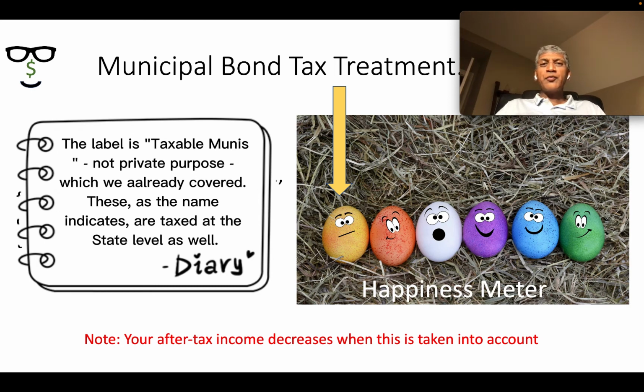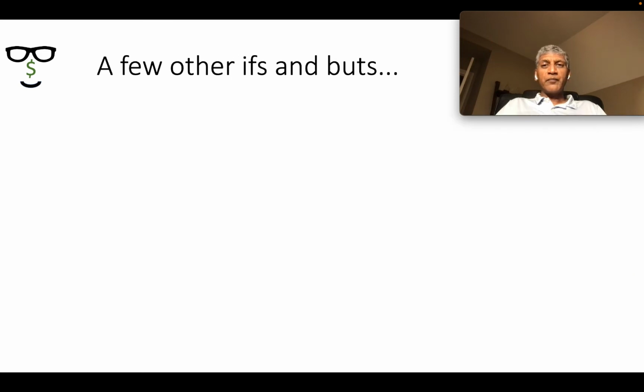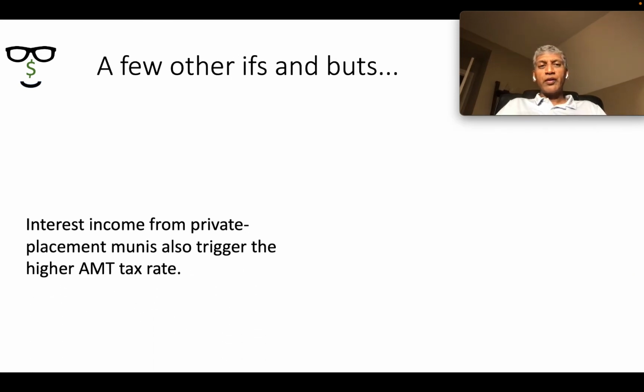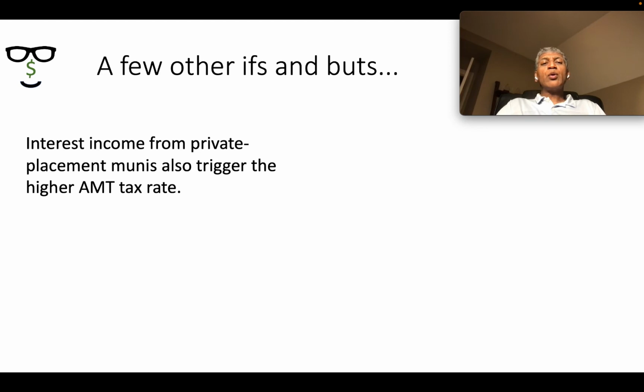There are all these ifs and buts and becauses, and if you thought there were only 6 Easter eggs that were going to tell you the good news and the bad news, there is one more thing I wanted to tell you. And it's actually a few more things. Depending on your income, there is a concept called the alternate minimum tax, which will actually increase your taxable rate on income from private placement munis.